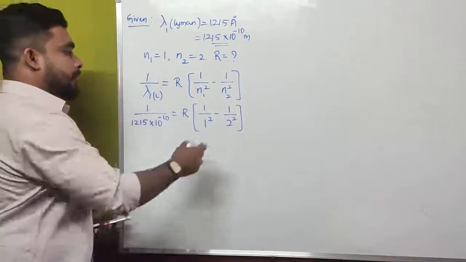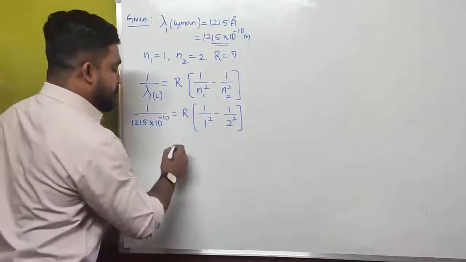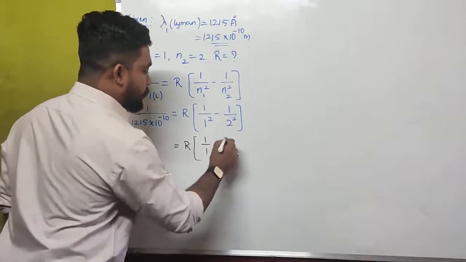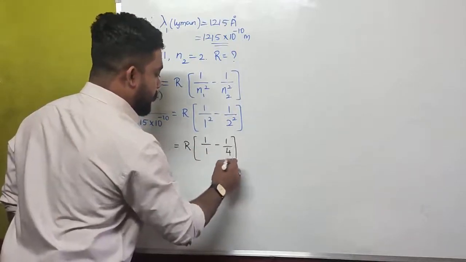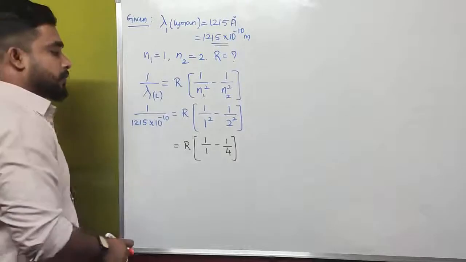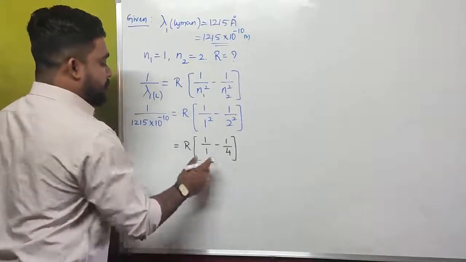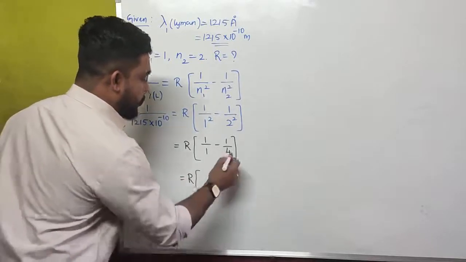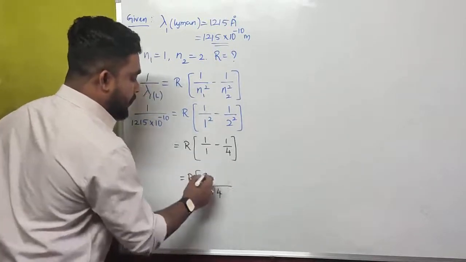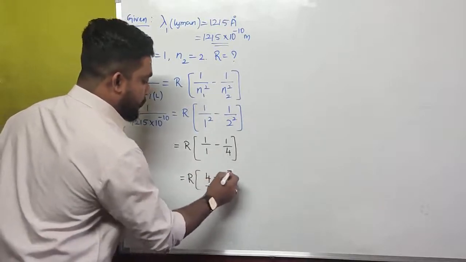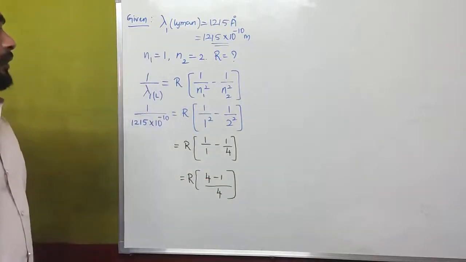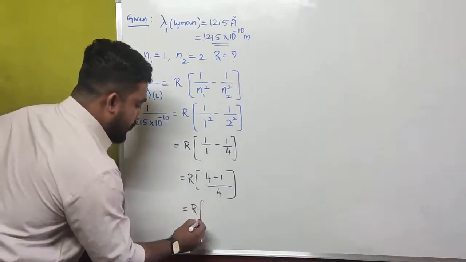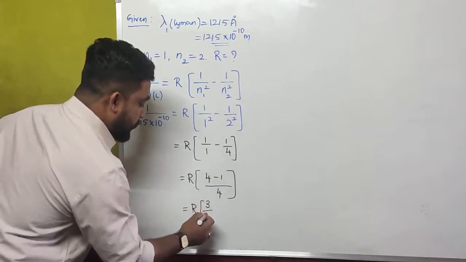Now we can calculate this, that is R into 1 divided by 1 minus 1 divided by 4, since 2 square is equal to 4. If we take the LCM of these two terms, we get R into (4 minus 1) divided by 4, that is R into 3 divided by 4.